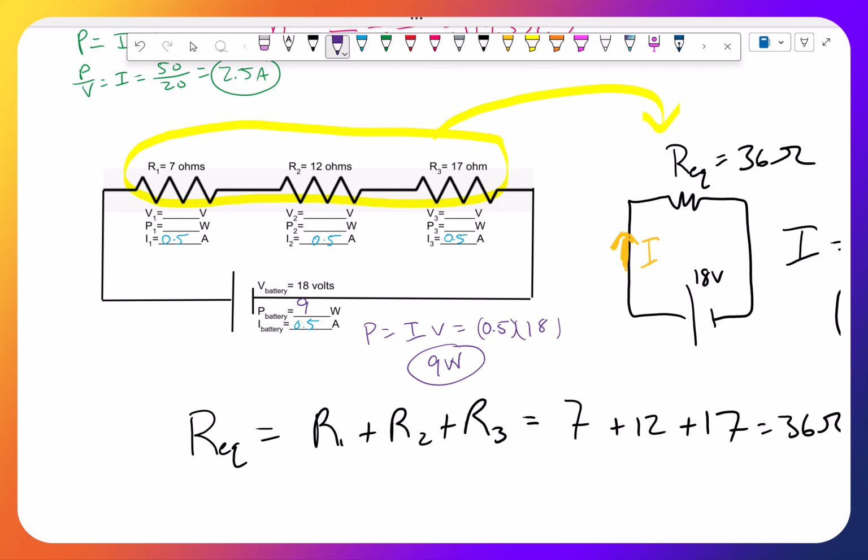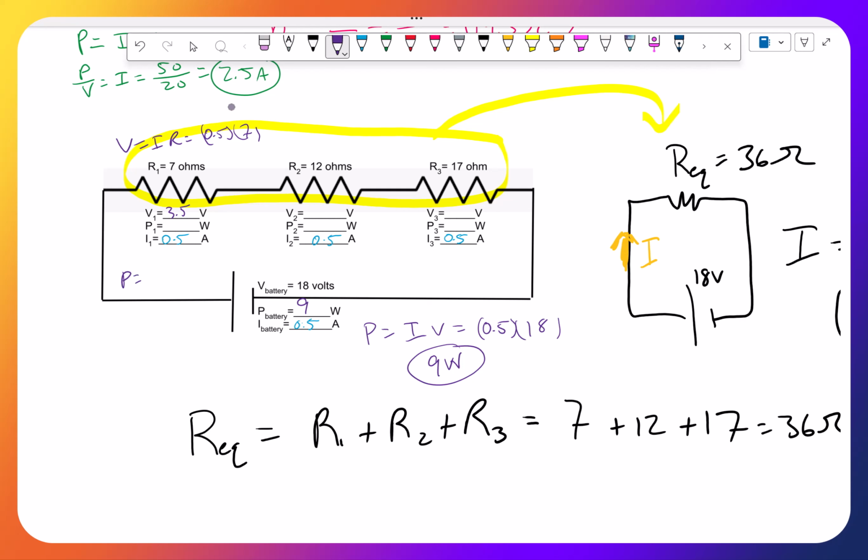All right, and let's see. So now it's just knocking stuff down, right? Because the voltage is going to be the current multiplied by the resistance. So the current is 0.5 amps. The resistance is 7 ohms, so that's going to be then 3.5 volts, because 7 times 0.5, I think, is 3.5. Hopefully, fingers crossed.